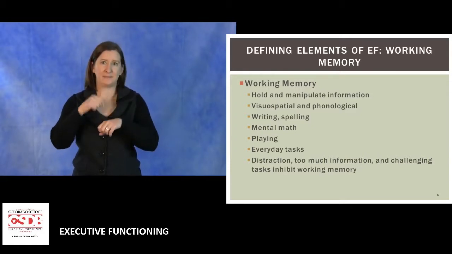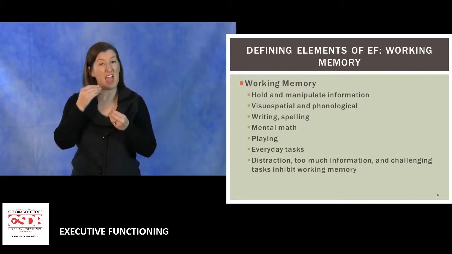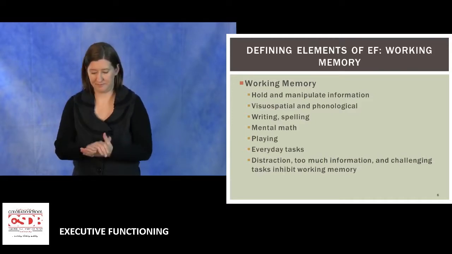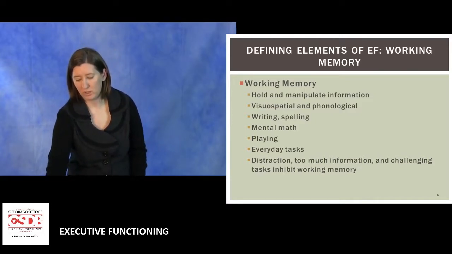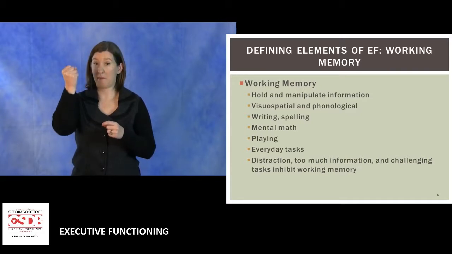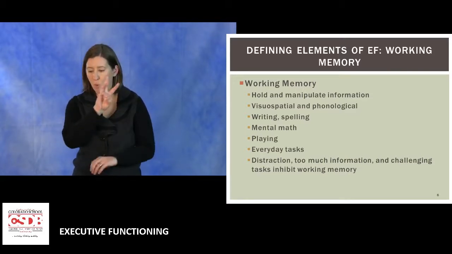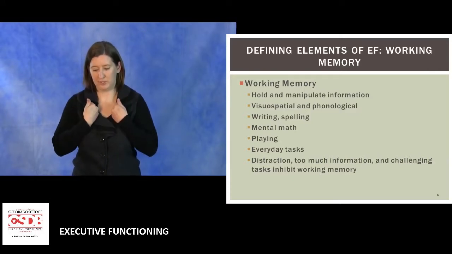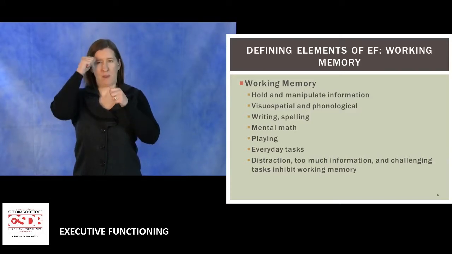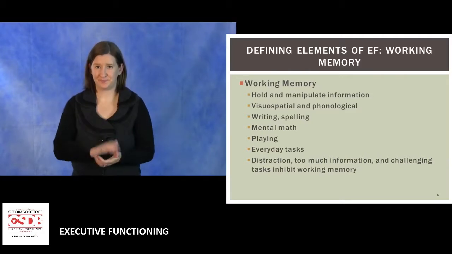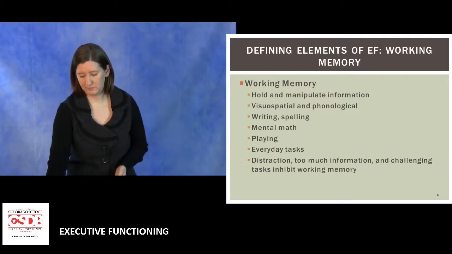So we use working memory a lot of the time, every day of our lives, at school and at work as well. When you have to memorize phone numbers or a web address, you have to think about that information before you can use it.